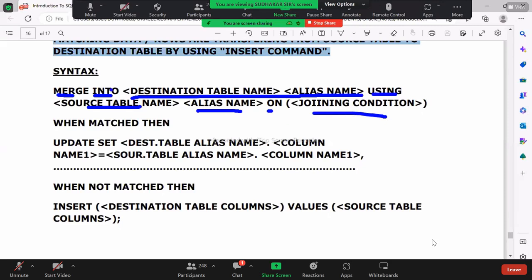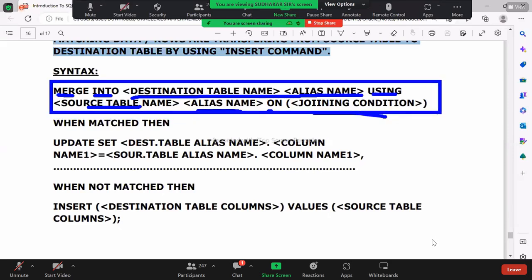So: merge into destination table alias name, using source table alias name, on join condition. At this level, the two tables are first joined, not merged, just joined. After joining, what is compared next? Whether any matching data is there.